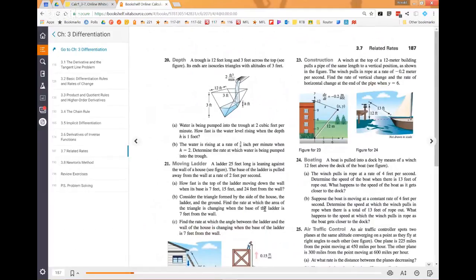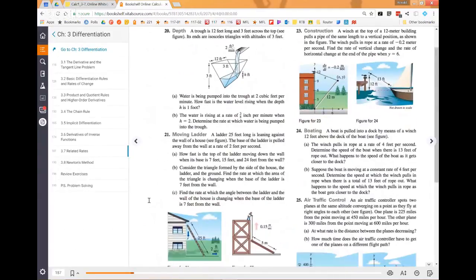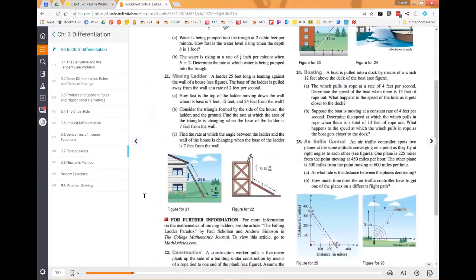Consider the triangle formed by the side of the house, the ladder, and the ground, which is what we were already doing, right? This time it says, find the rate at which the area of the triangle is changing when the base of the ladder is 7 feet from the wall.